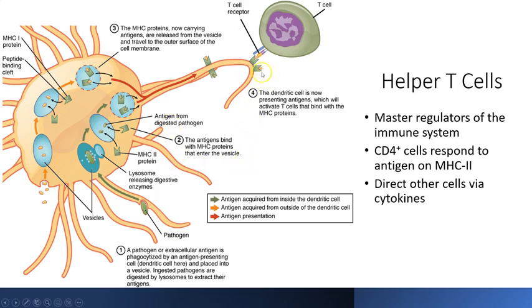These antigen-presenting cells present antigen to the helper T cell, which then activates the helper T cell, so it can then go direct other cells to respond to this antigen using chemical signals called cytokines.